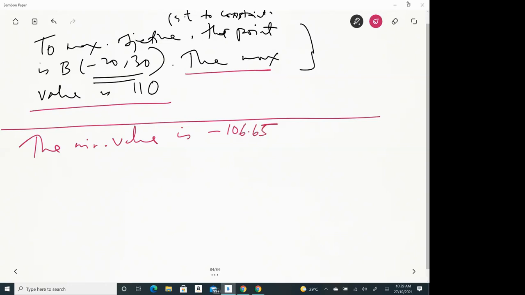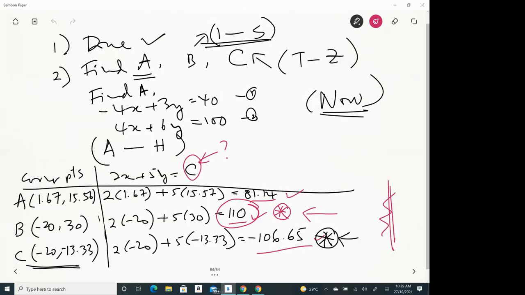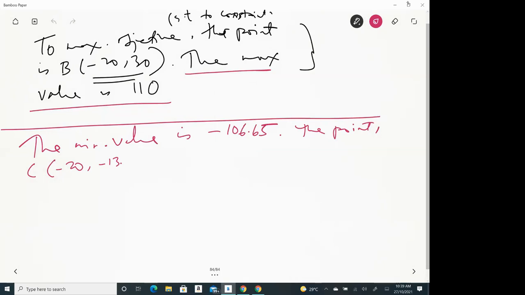You can put another sentence: and the point C, which is negative 20, negative 13.33, gives the minimum value to the objective. It'll be something like that.